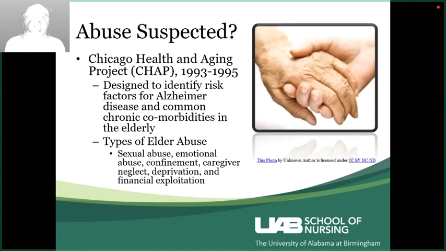So, if abuse is suspected, there was a great little study by the Chicago Health and Aging Project. And what they found was that the relationship between the disease and trauma was significant. Abuses experienced by older persons included sexual abuse, emotional abuse, confinement, caregiver neglect, deprivation, financial exploitation. And guess what?